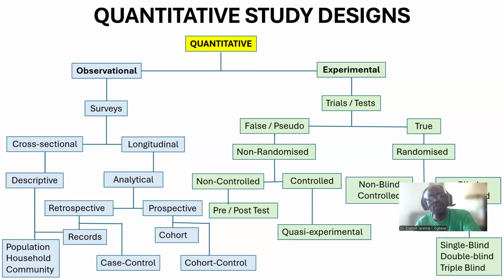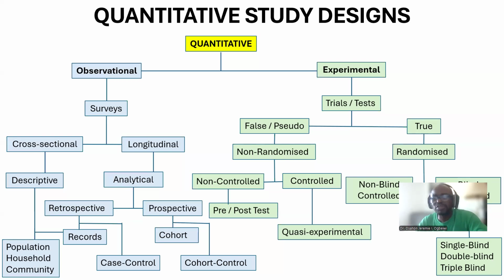So under surveys, you also have longitudinal surveys, which are usually analytical studies. The longitudinal surveys are studies in which you observe the occurrence of an event over a period of time.